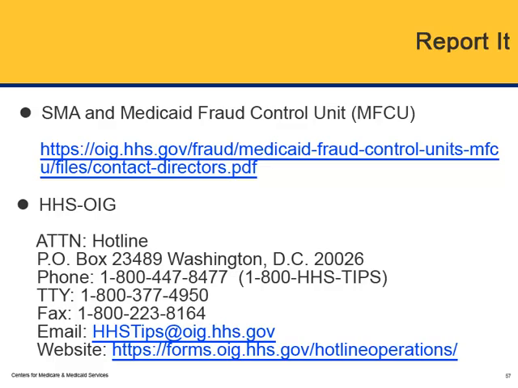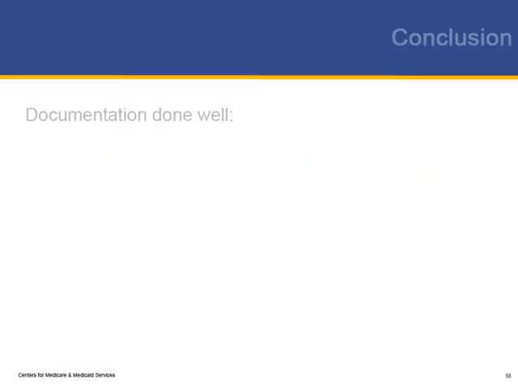Contact information for SMAs and MFCUs is available on the CMS website. HHS OIG can be reached by calling 1-800-HHS-TIPS to report suspect practices. If you suspect a beneficiary issues such as card sharing or eligibility fraud, report it to your SMA.